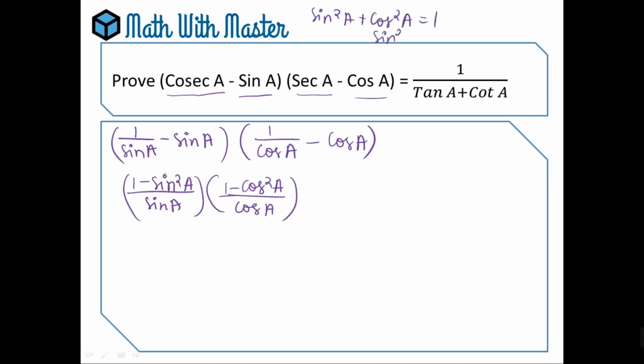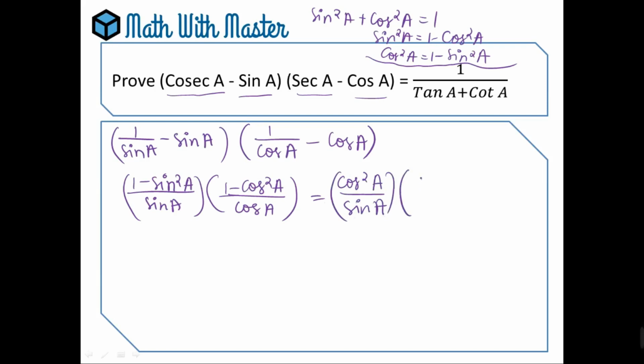Then sin square A is equal to 1 minus cos square A and cos square A is equal to 1 minus sin square A. So here we can replace 1 minus sin square A as cos square A and we can replace 1 minus cos square A as sin square A. Now as it is in multiplication, we can cut it crossly.